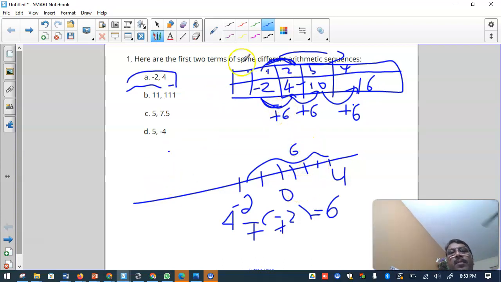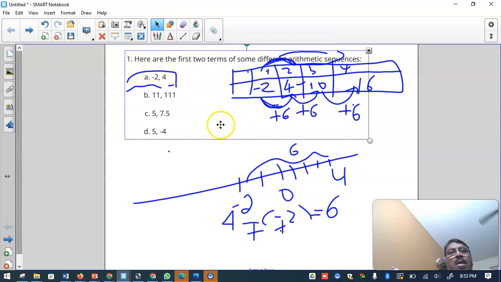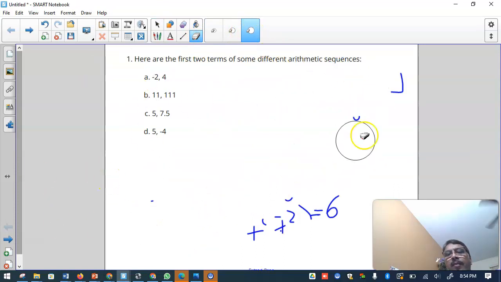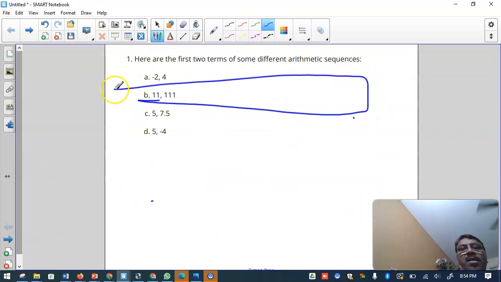What about the second one? The second one has a 111. If you see this part, 111, you're adding 100 here.